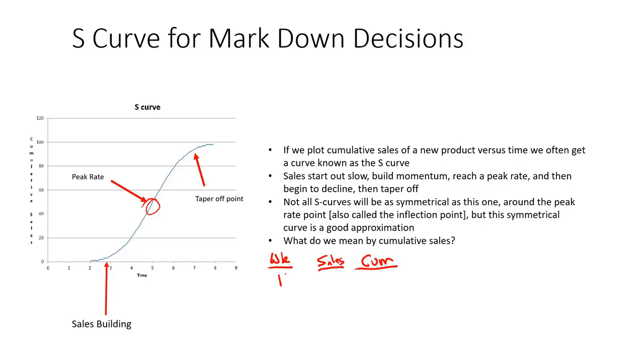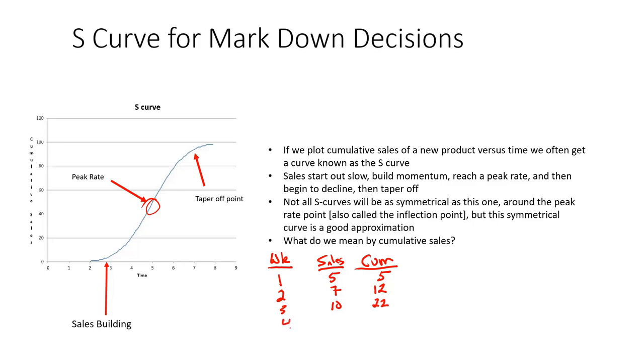The way this works is, let's say in week 1, we sell 5 units of our product. At the end of week 1, the cumulative sales are 5. Let's say in week 2, we sell 7 units of product. At the end of week 2, cumulative sales are 12. And likewise, in week 3, we might sell 10 units of product, and so the cumulative sales will be 22.